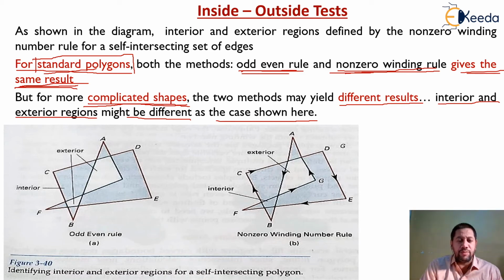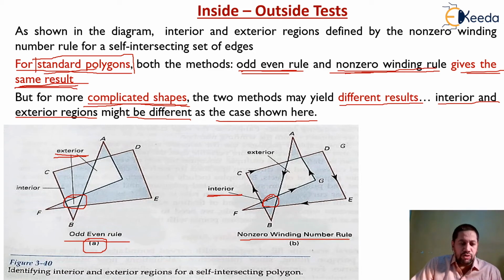Now, how is it different? We have seen this particular diagram as an example. In diagram A, where I have applied the odd-even rule, I found that this particular region is exterior. In the non-zero winding number rule, the same region is shown as interior.